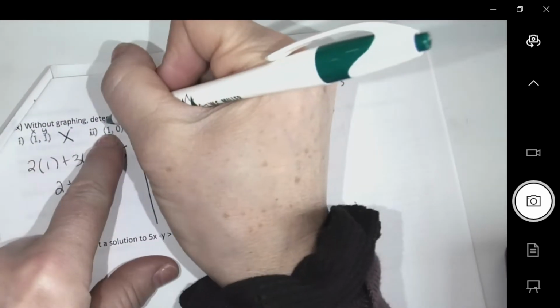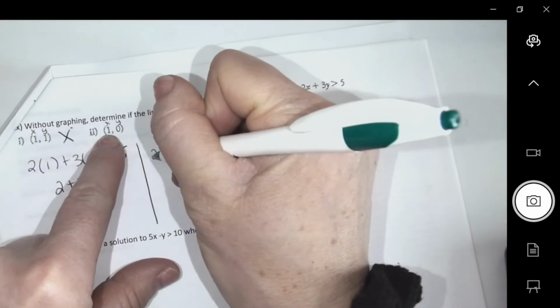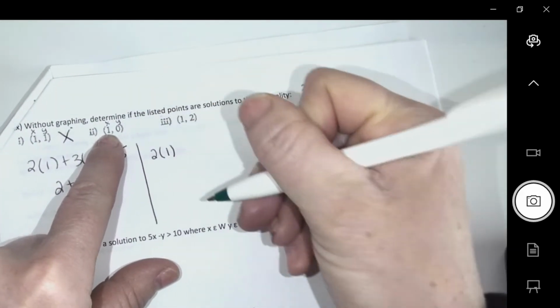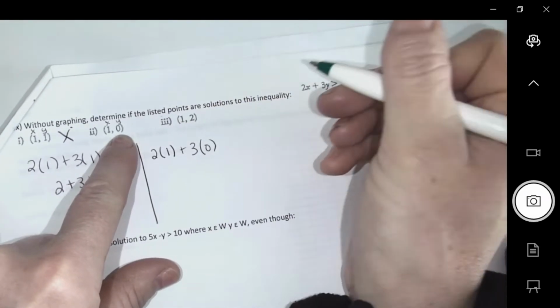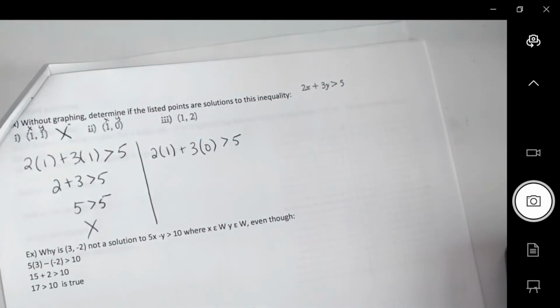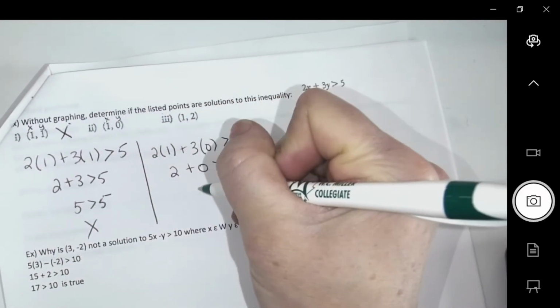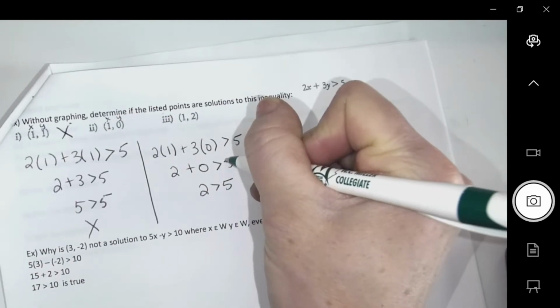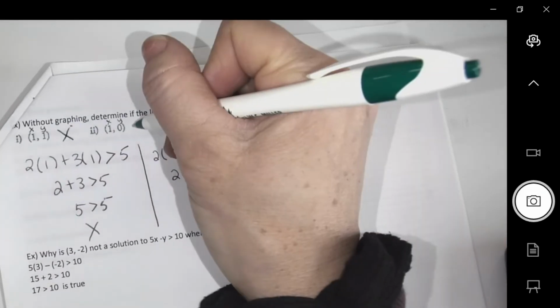Okay, x, y, make the replacements. So 2 times 1 plus 3 times 0. So this makes 2 plus 0 greater than 5. Is 2 greater than 5? Is that accurate? Nope.